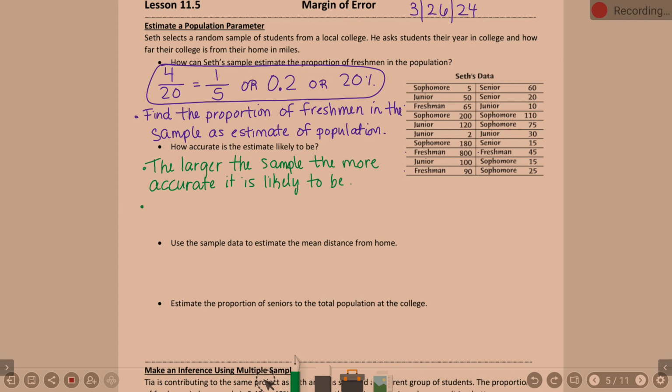And the better the sample represents the population, the more accurate it will be.